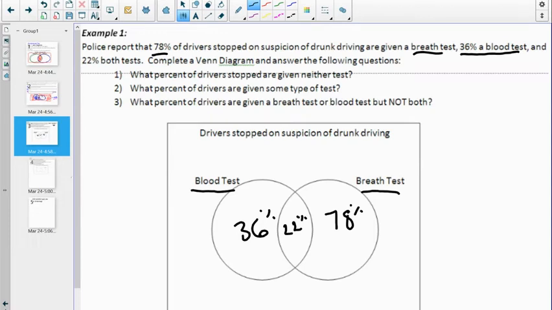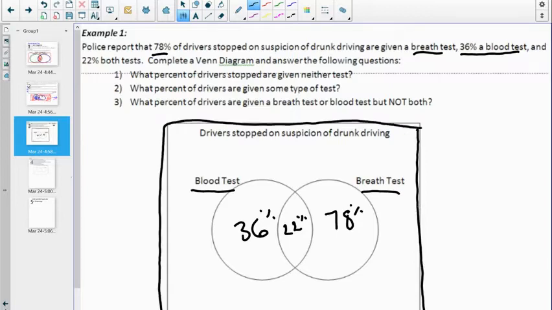So let's see, 36 plus 22 plus 78. That's 136%. You can't have that, because everything within this box is supposed to add up to 100%. So we know we have to do something with that 36% and that 78%, because remember that 22% here is included within that 36%.